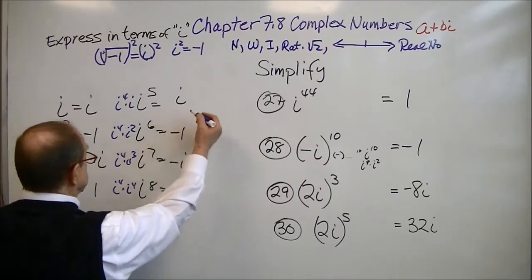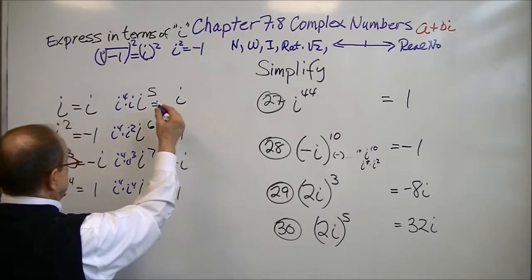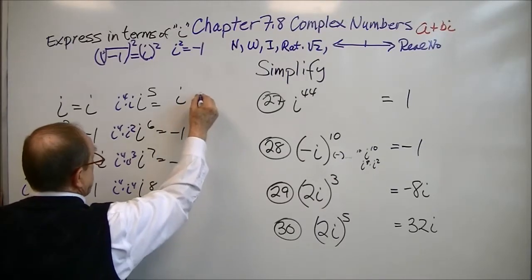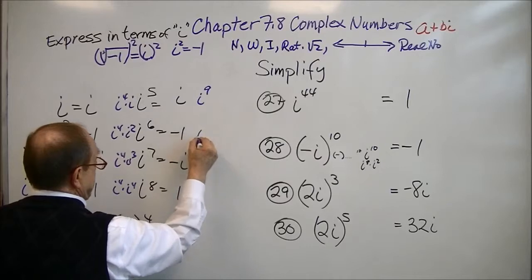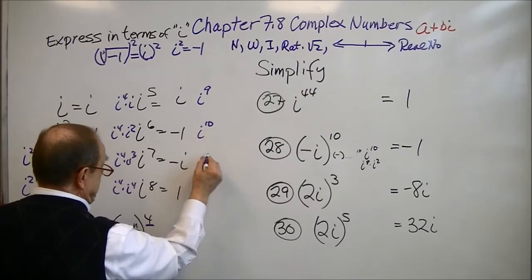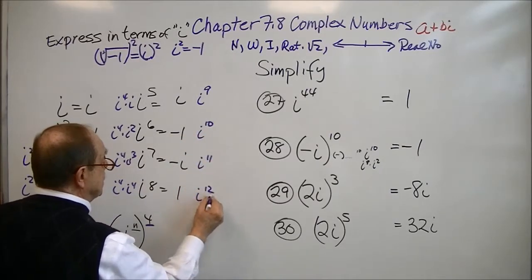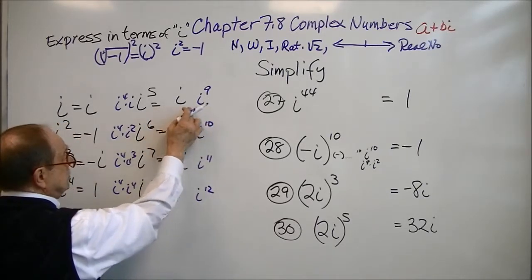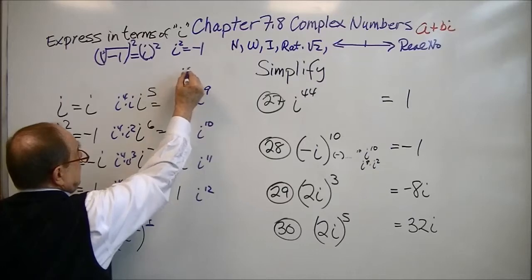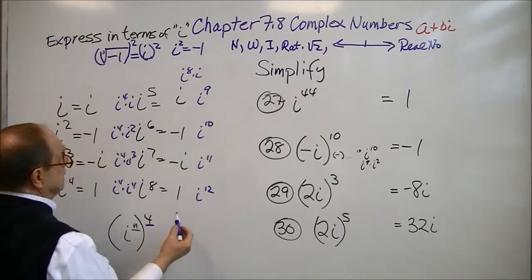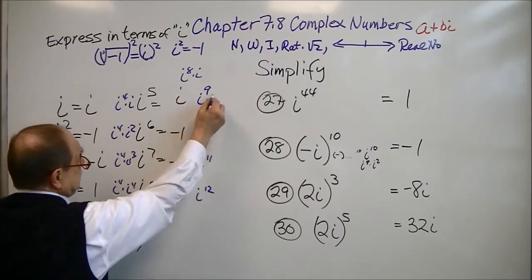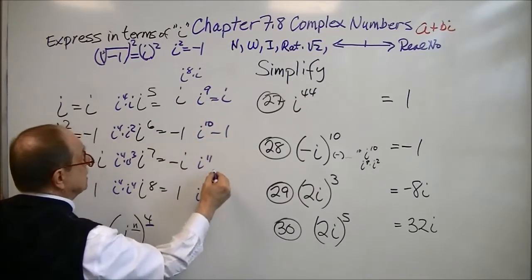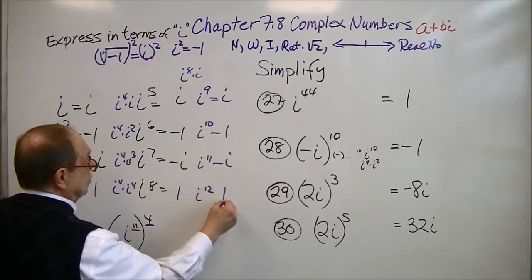So if we went to the next level, where this would be i to the 9th, i to the 10th, i to the 11th, i to the 12th, the answers would be the same, because this would be i to the 8th times i, and this would just be i, negative 1, negative i, 1.